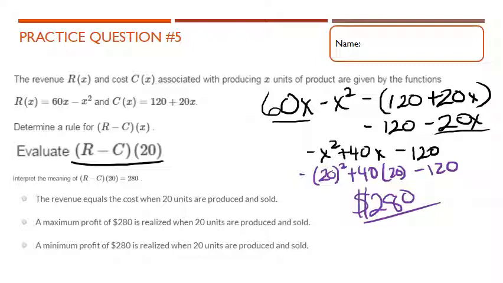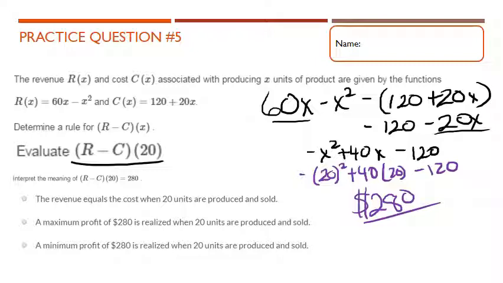So when you take away the C, the revenue equals the cost when 20 units are produced and sold. So the maximum profit of 280 is realized when 20 units are sold and produced.